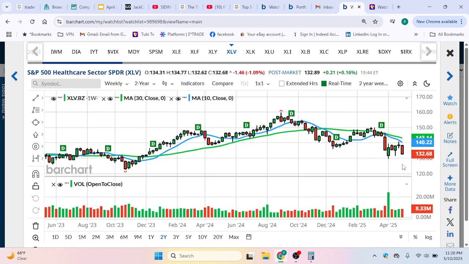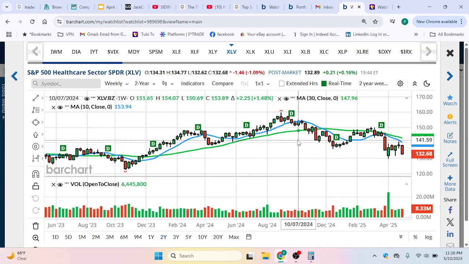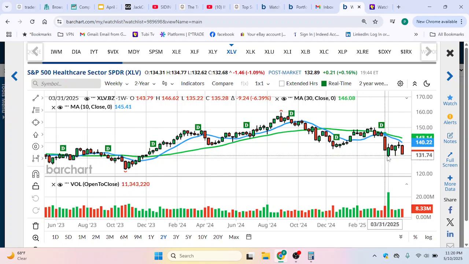Healthcare has been a real big disappointment, and I thought this sector would do better. It just simply hasn't. Since last September, it's just been in a downtrend. It looked good at the beginning of the year, and then it fell off a cliff. So healthcare stocks right now are just not doing well, and the healthcare sector in general is probably the weakest sector.